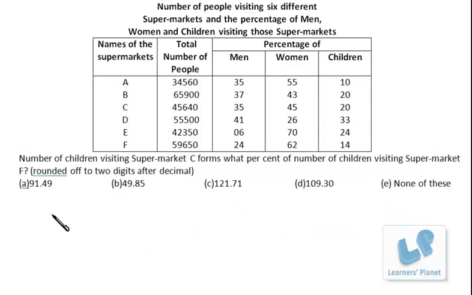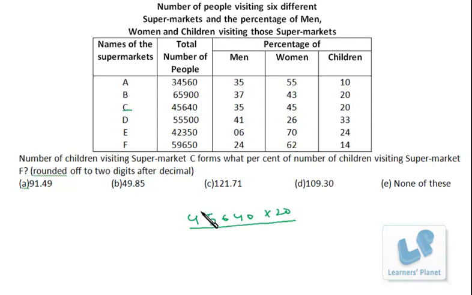Now the next question: number of children visiting supermarket C forms what percent of number of children visiting supermarket F, right? So first of all, in the numerator, number of children visiting supermarket C. So this is C, this is 45640 and this is 20%.